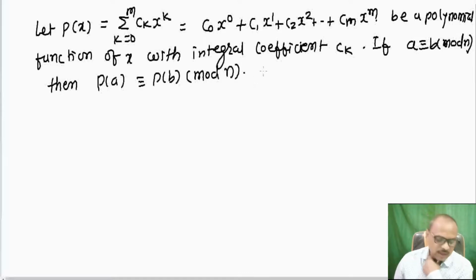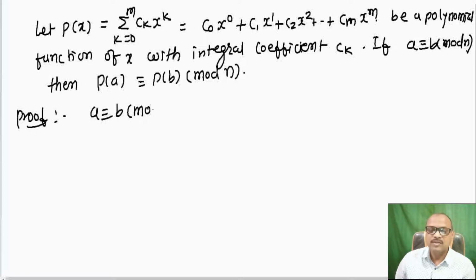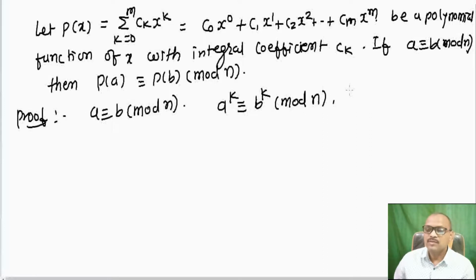Now let us prove this. The proof is again very simple. The statement is a is congruent to b modulo n. Then apply the sixth property: a raised to k is congruent to b raised to k modulo n, where k equals 0, 1, 2 up to m.